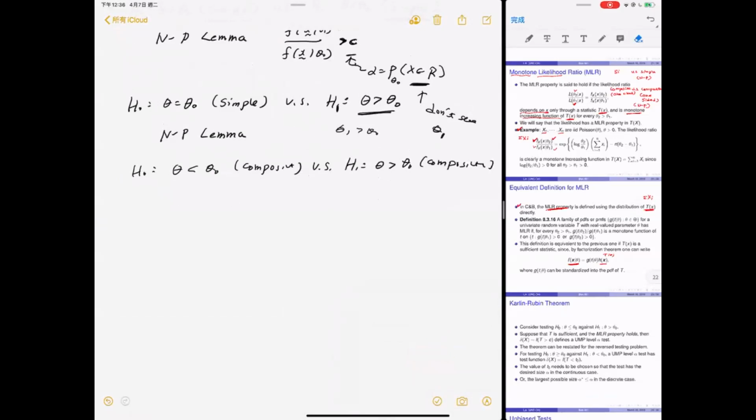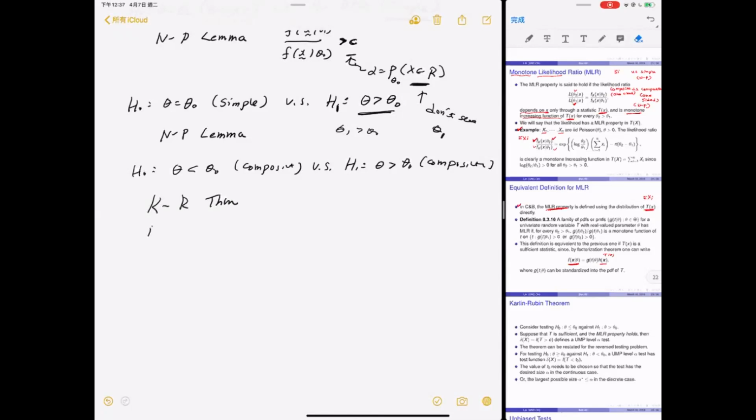Okay, so if it's composite versus composite, then what theory are you going to use to find the UMP test? The answer is the Karlin-Rubin theorem. In order to use the Karlin-Rubin theorem, you need to do two things.